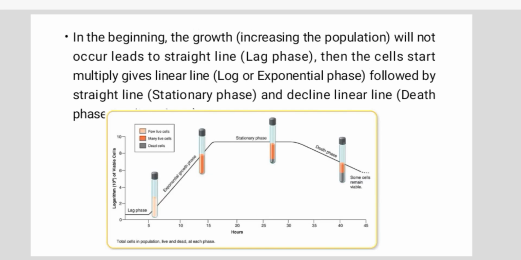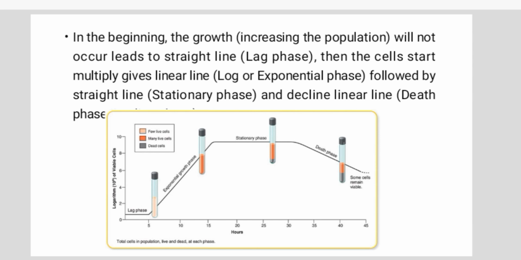In the beginning, the population does not increase, which leads to a straight line. In the lag phase there is no increase of the population. Then the cells start to multiply, giving a linear line in the log phase or exponential phase, followed by a straight line, the stationary phase, and finally a declining linear line, the death phase.